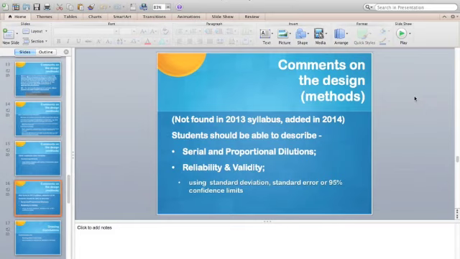And with regards to reliability and validity in their methods, in this section it is added that students may use standard deviation, standard error, or 95% confidence limit, as a standard test to improve the reliability.